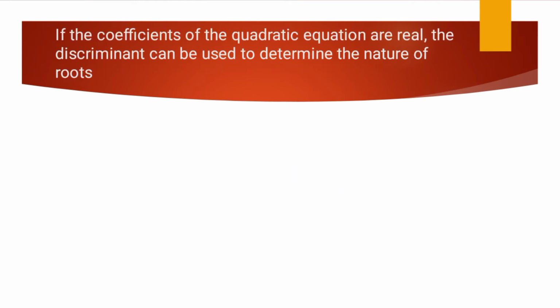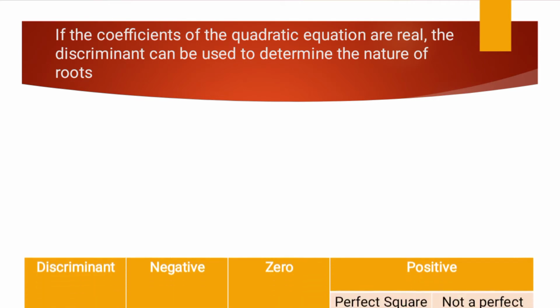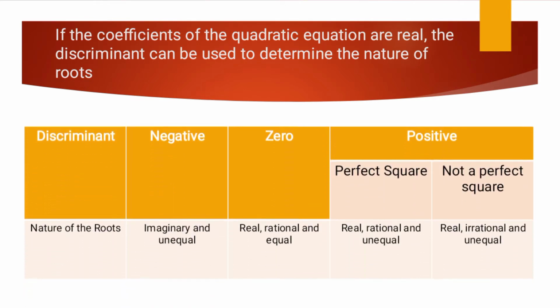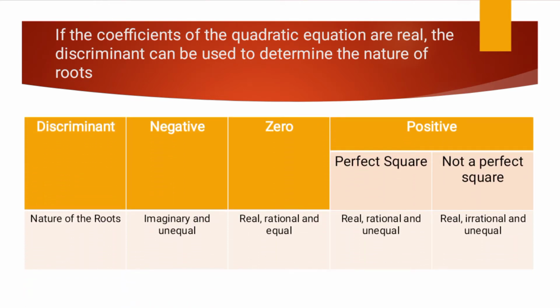If the coefficients of quadratic equation are real, the discriminant can be used to determine the nature of roots. So, itong table na to, nakalagay dito yung discriminant and kung ano ang magiging nature of roots niya.